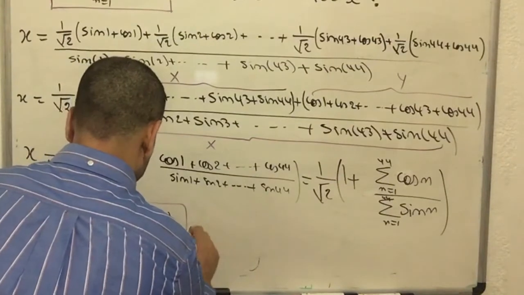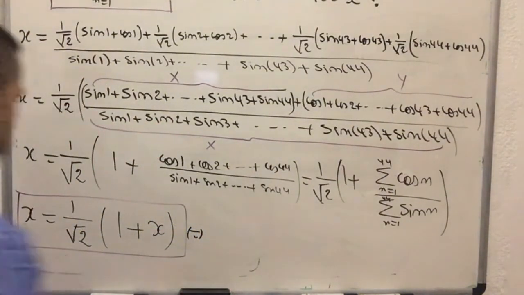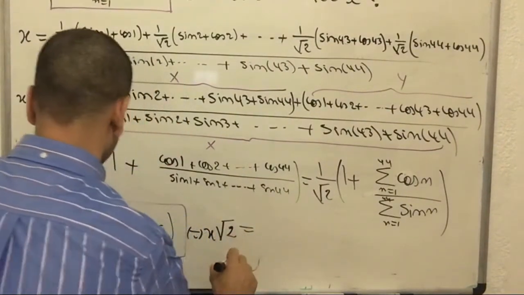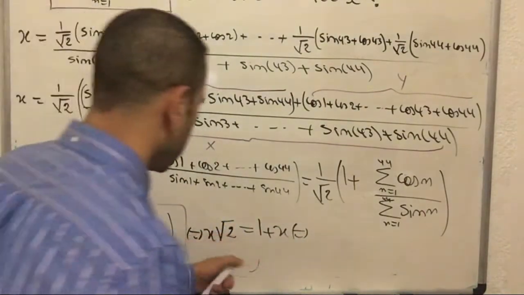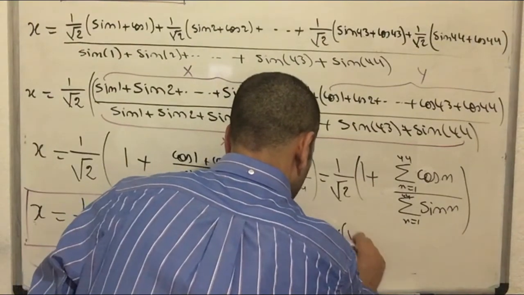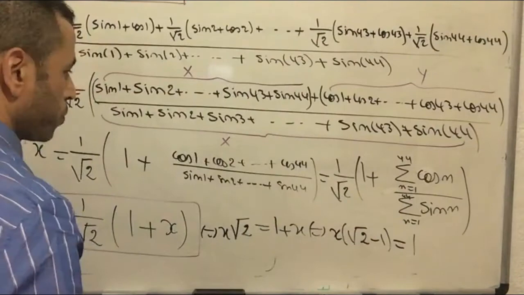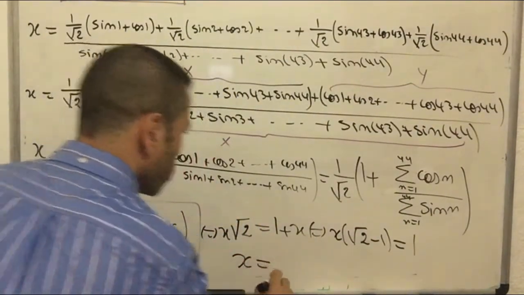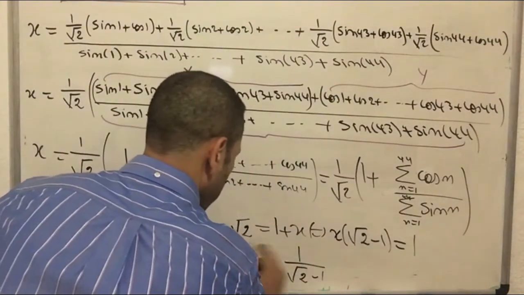Multiplying, x√2 equals 1 + x. Bringing x to one side, x(√2 - 1) equals 1, so x equals 1/(√2 - 1).